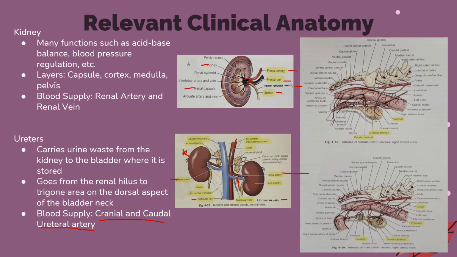The caudal ureteral artery is typically a ureteral branch off of the vaginal or the prostatic arteries. If you follow it down, you have the prostatic branch right here, and then you'll get the ureteral branch right there. It's the same thing in males and females. It's just a change in the name.